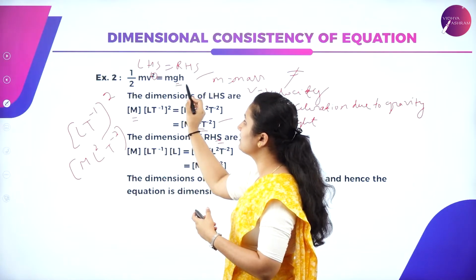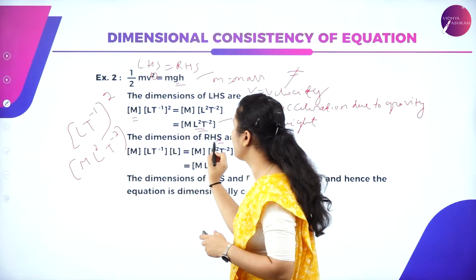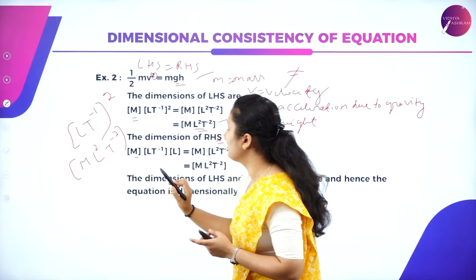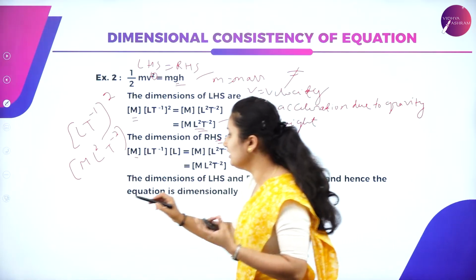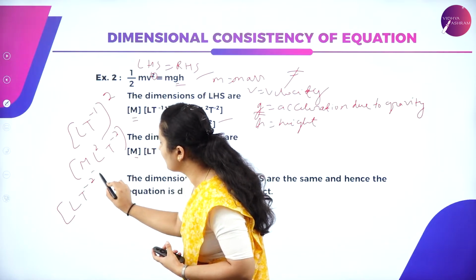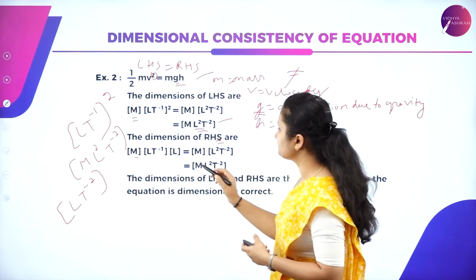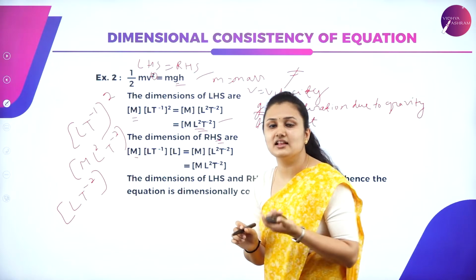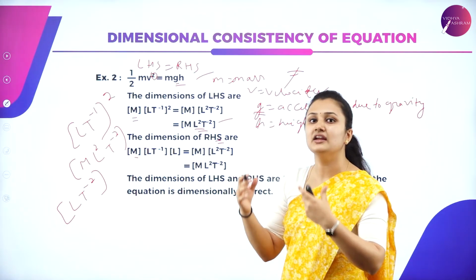Now, let us take the dimension in the RHS, whether it is equal or not. If I consider mgh, what is M here? It is mass, given by capital M. What is G here? G is acceleration due to gravity, and its dimensional formula is L t to the power minus 2. And you have L here. How did the L come? Height is measured in terms of length. Length into breadth into height; in case of volume, it will be L cube.